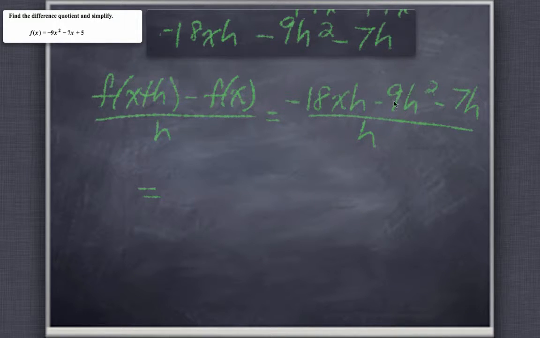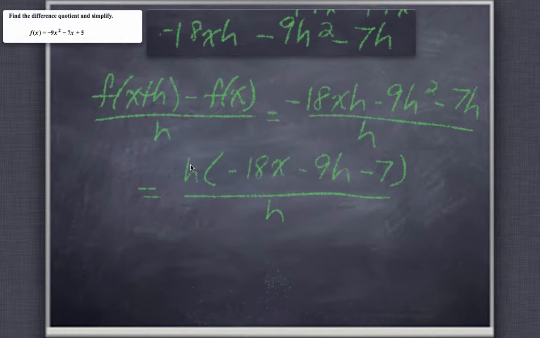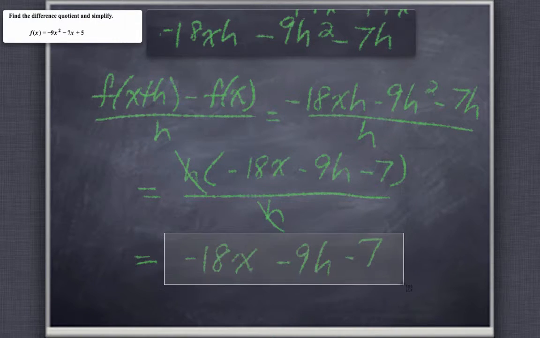I can factor out an h on the top and I can't factor out anything else. Well, I could factor out a minus, I guess, but so h, negative 18x, minus 9h because there are two h's there, then minus 7. And this is the part where it simplifies. So if you have anything in it that doesn't have an h, then something's wrong, because the whole goal is going to be to cancel out that h. So unless I lost something on the previous page, this should be this.